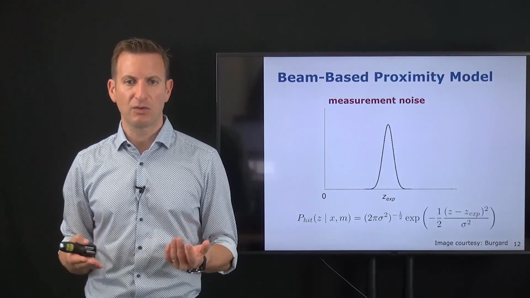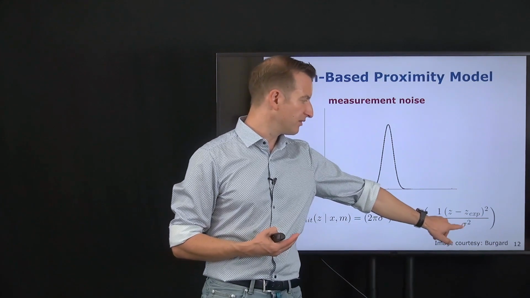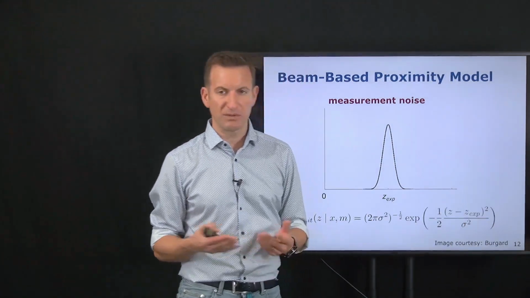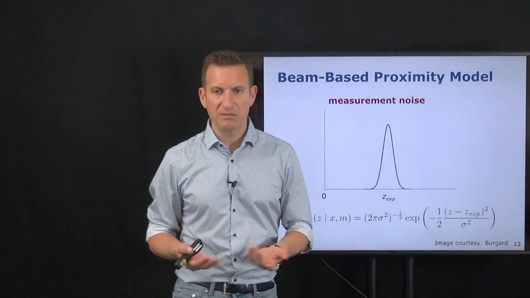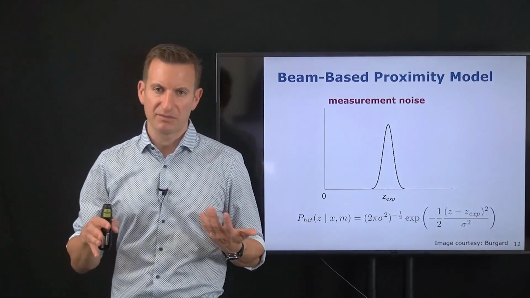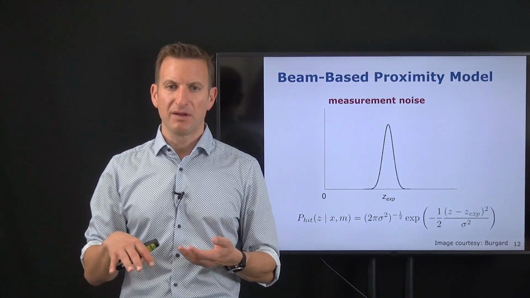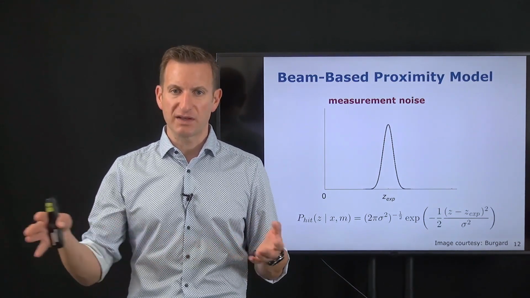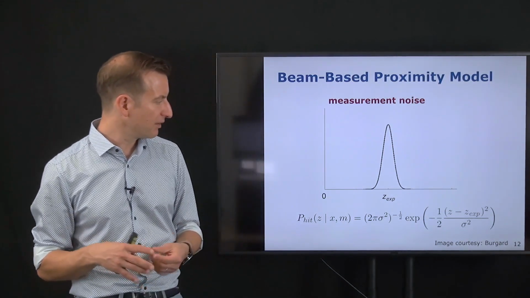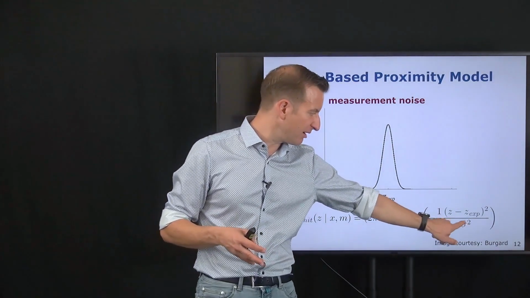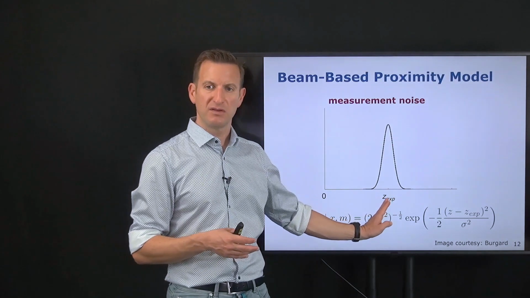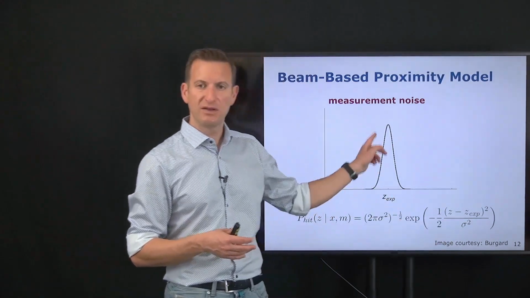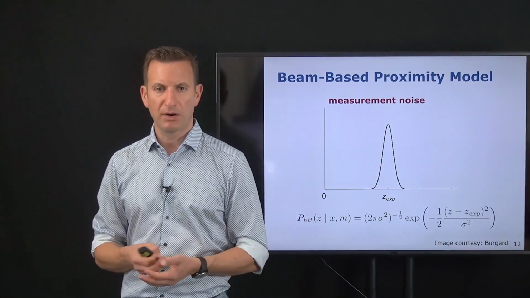So if you have a sonar, this variance is probably larger than for a laser range scanner, or if you have a camera, it may again be differently modeled. If you have a range camera, you would change that also with the distance to the obstacle, and this can be a complex shape, but for a given expected distance, this is fixed, and this would be one part of that model.